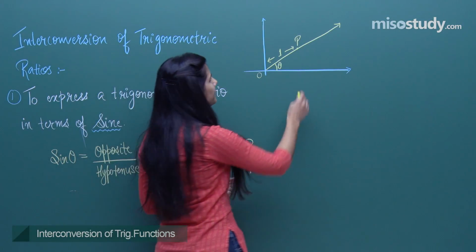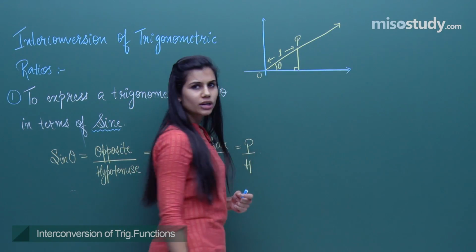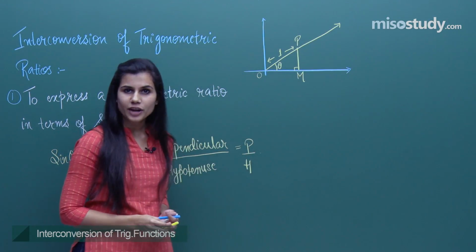Just take your P, which is acting for the perpendicular which you drop on the x-axis to complete your triangle of reference.